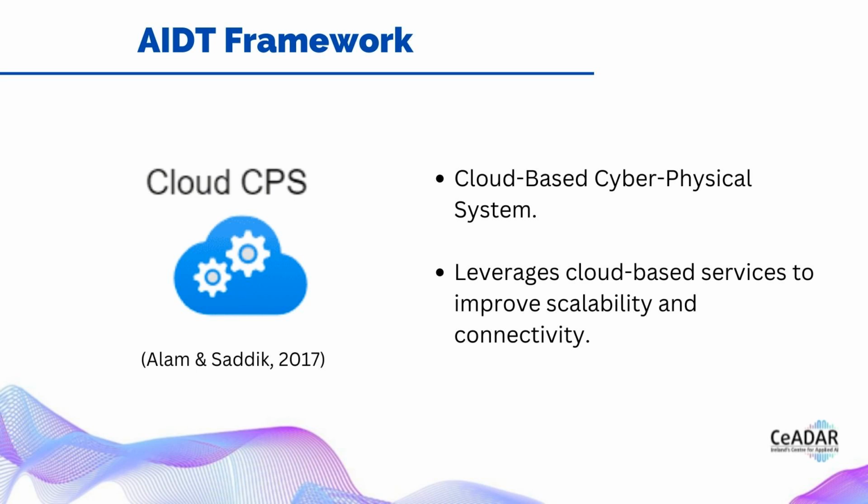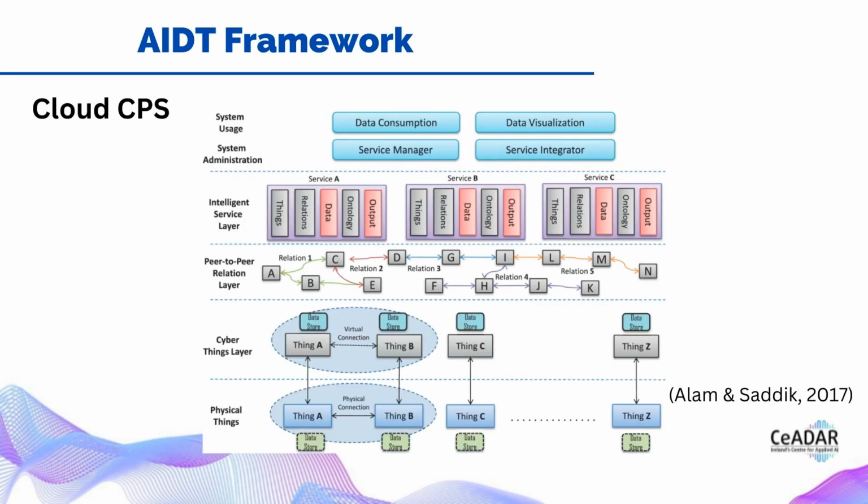This is where the second type of AIDT framework comes in, the Cloud Cyber Physical System, the C2PS-based AIDT. In this framework, every physical object is automatically accompanied by a representative digital twin hosted in the cloud. And take a look at this more detailed structure graph.